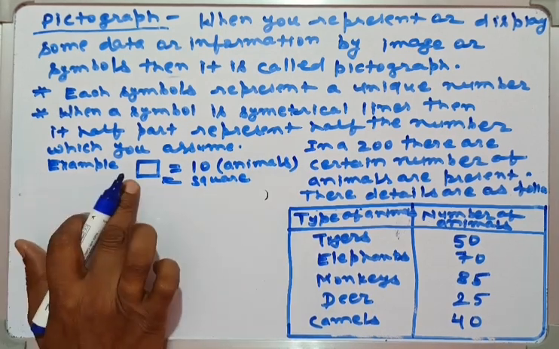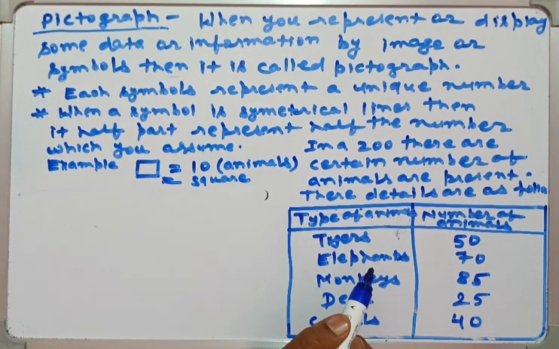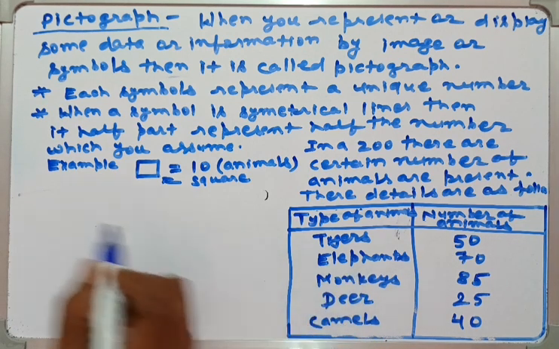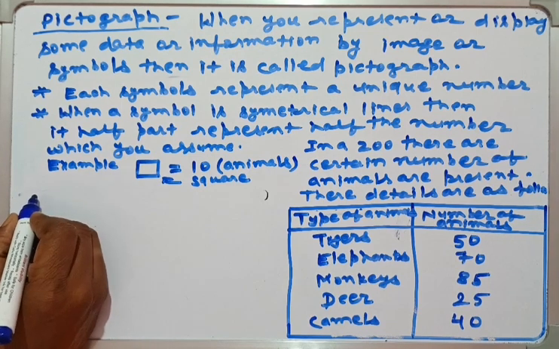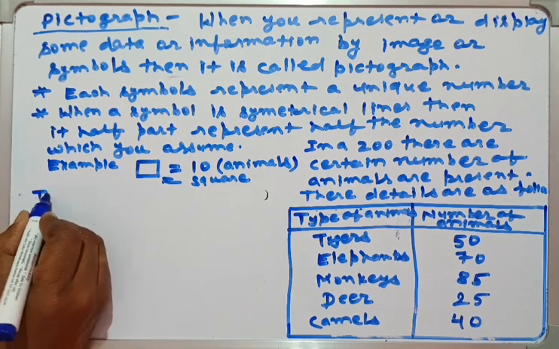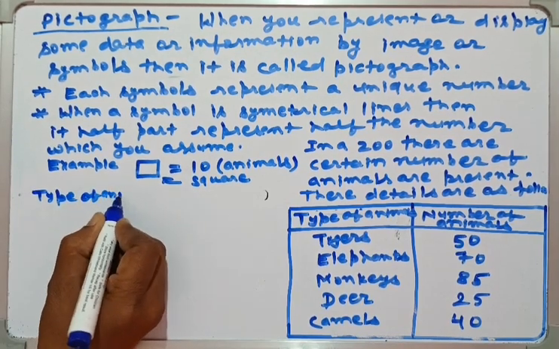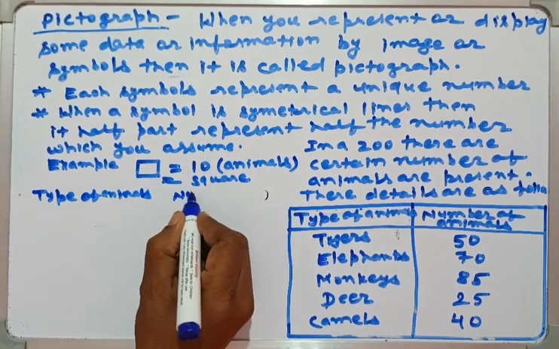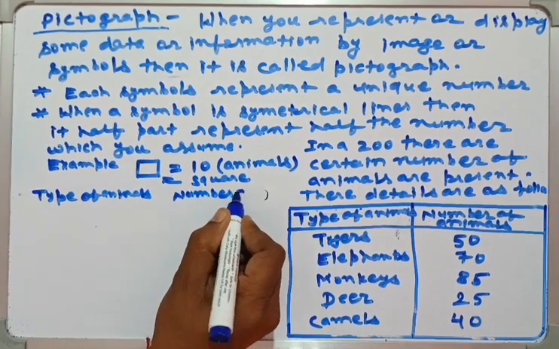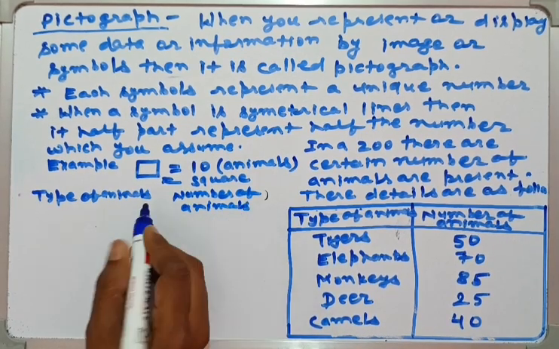Now I represent this data in the form of pictograph. First of all here I write type of animals. Next I will write here number of animals.